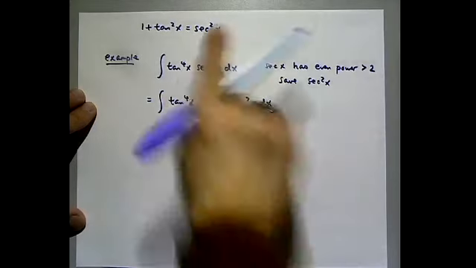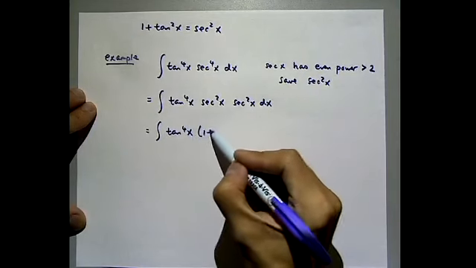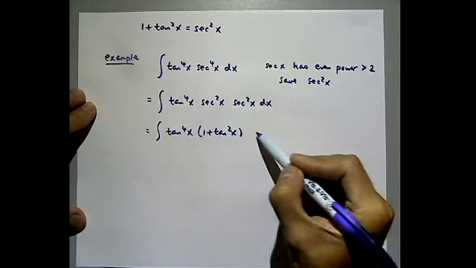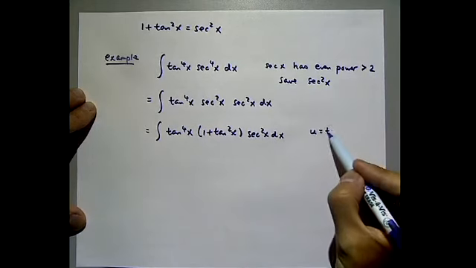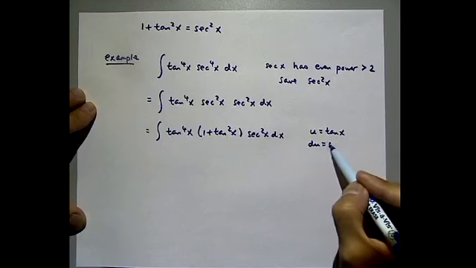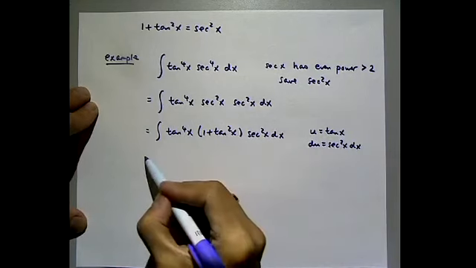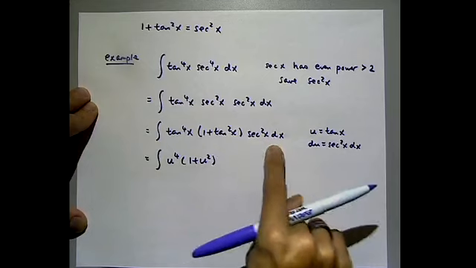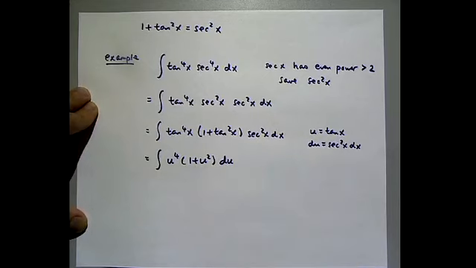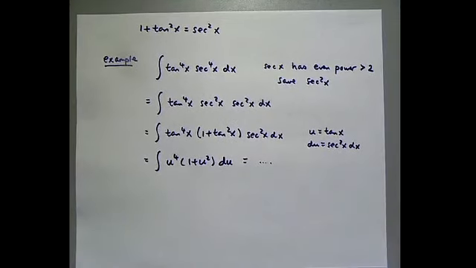Then we use the identity. So this turns into u to the 4th, 1 plus u squared du.